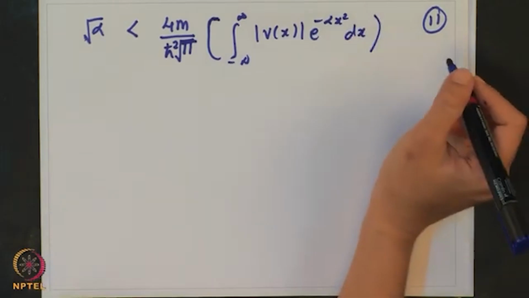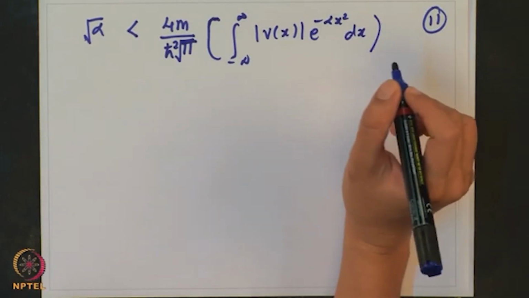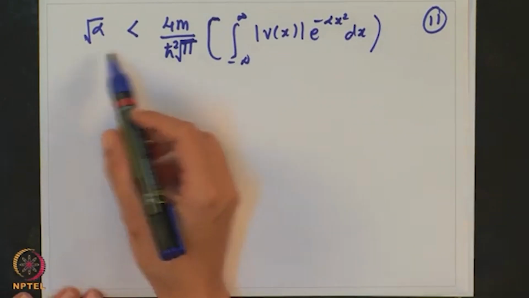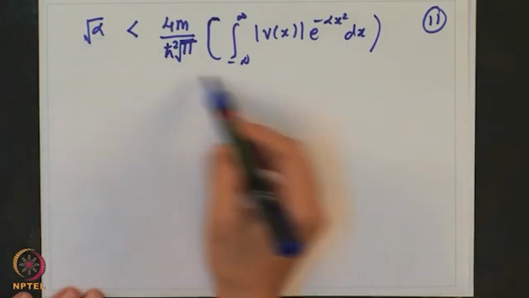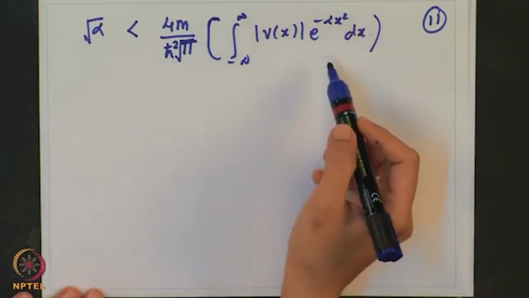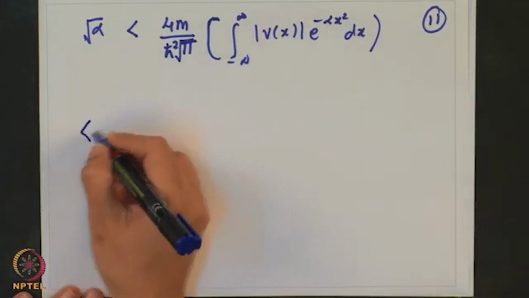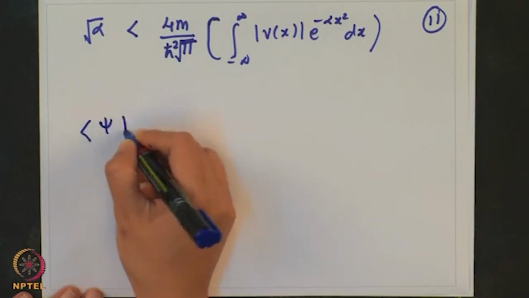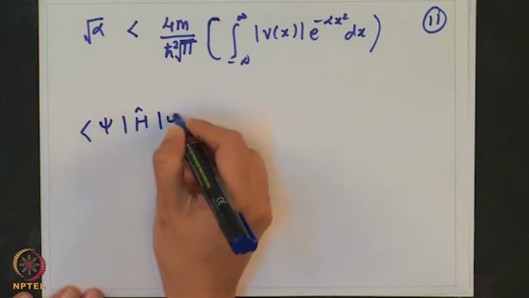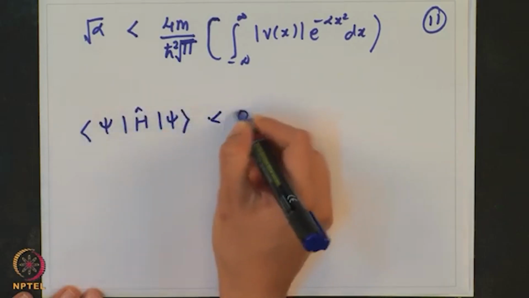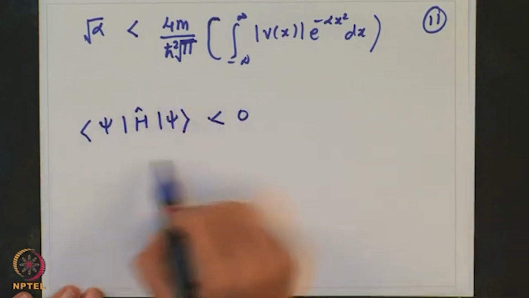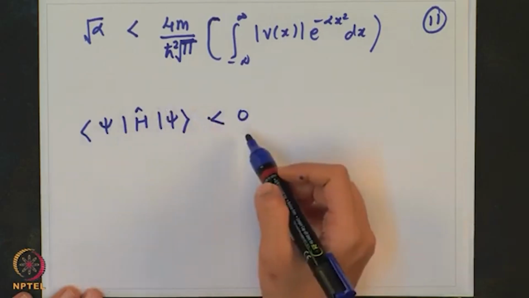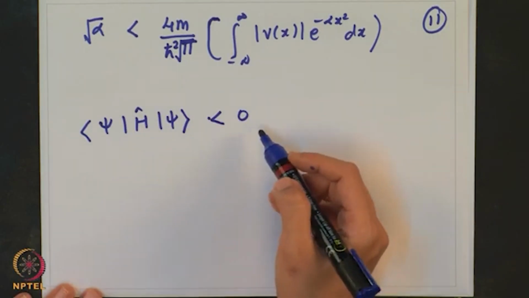So, the condition on alpha is that alpha should be less than this value, that will ensure that we have at least one bound state, that is, this gives us a negative energy value.